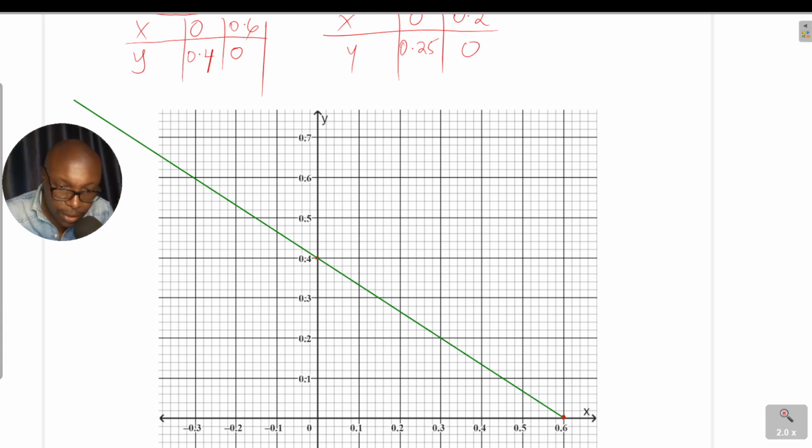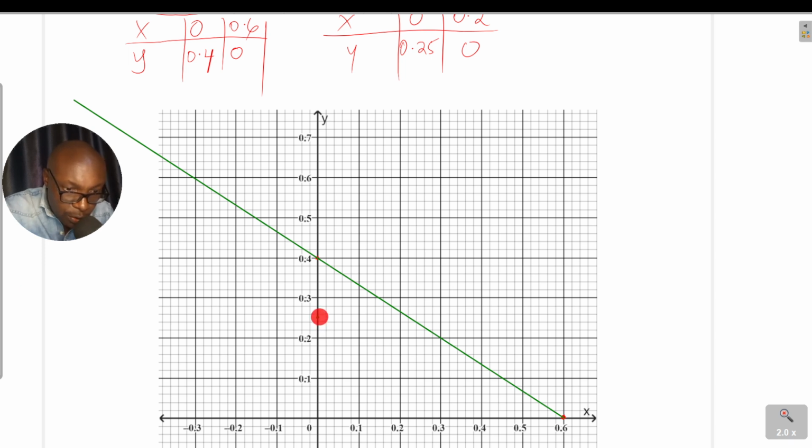We go to the second one. The point (0, 0.25): 0.25 is located exactly between 0.2 and 0.3, so it will be here.